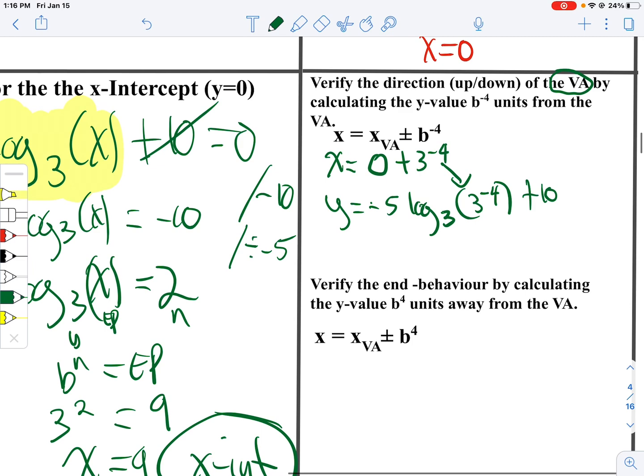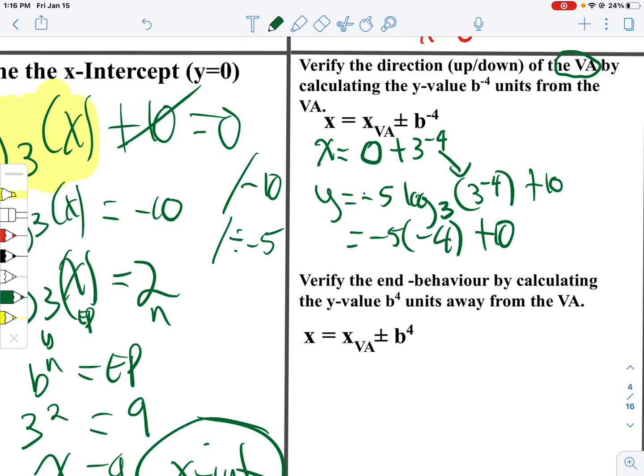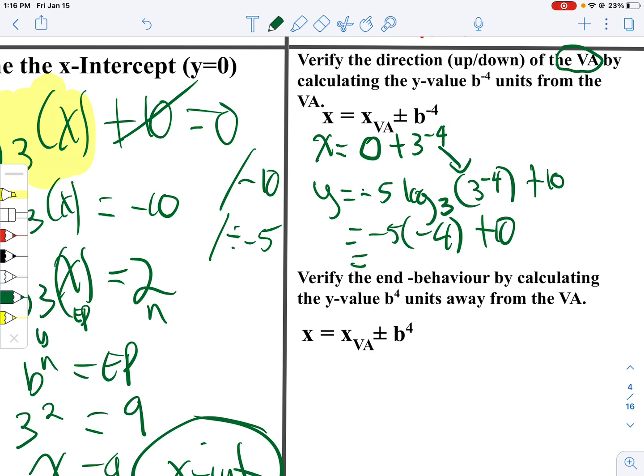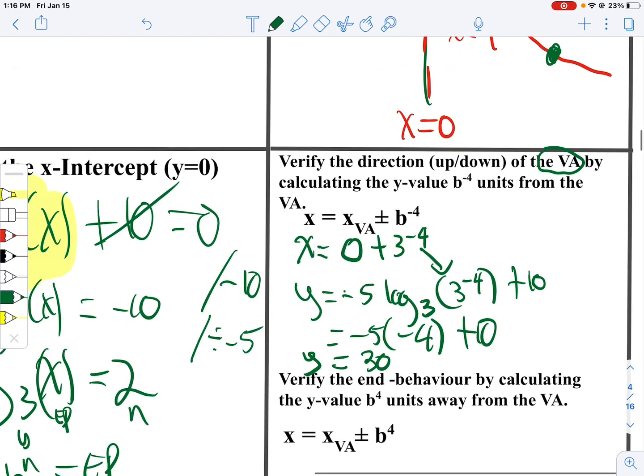And what exponent do I put on 3 to get 3 to the -4? What's -4? Right? It has to be -4. So this is going to equal -5 times -4 plus 10. That's 20 plus 10, which is 30. So y equals 30. Okay, remember you can pause or rewind this video at any time.